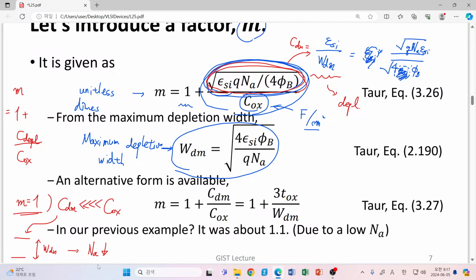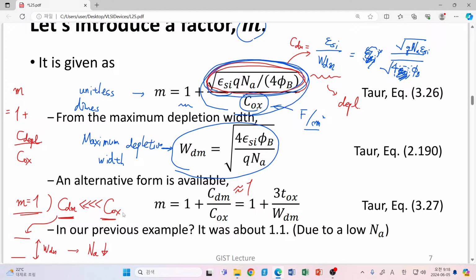If you have a low NA value, then your CDM, so maximum depletion charge capacitance, can be much lower than your COX. Then you will have the value quite close to 1. Okay, so if you have this kind of approach, then what will happen to your system?